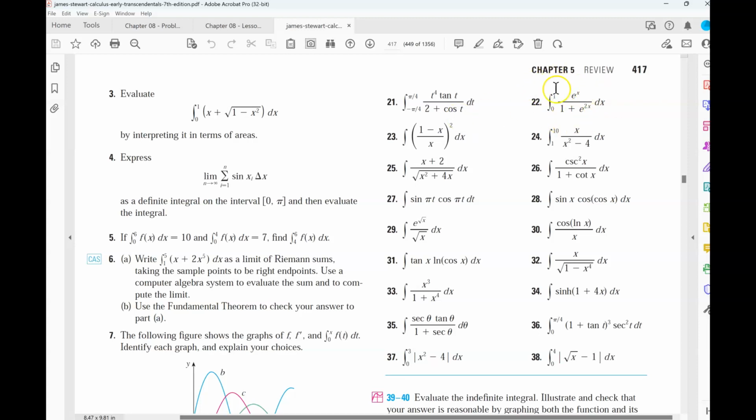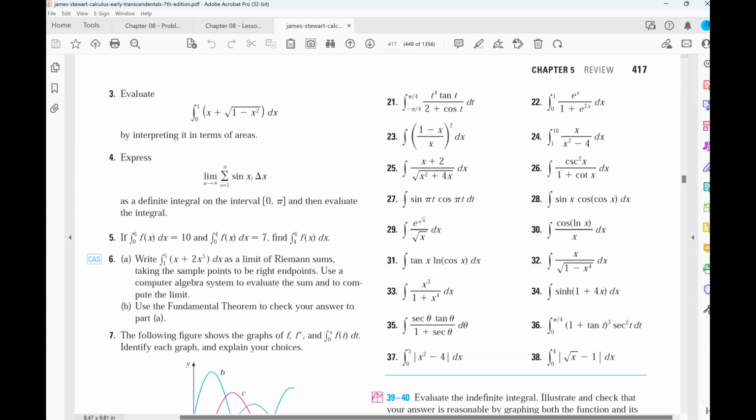How about this one? Yes. That's a U subber. What are you going to make as your substitution? It's just tricky. It's something weird. Let's think for a minute here.